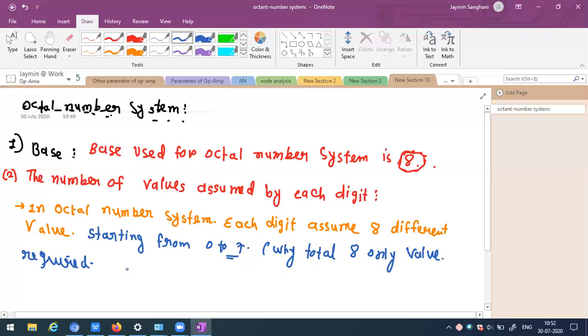So here it is considered as an octal number system.